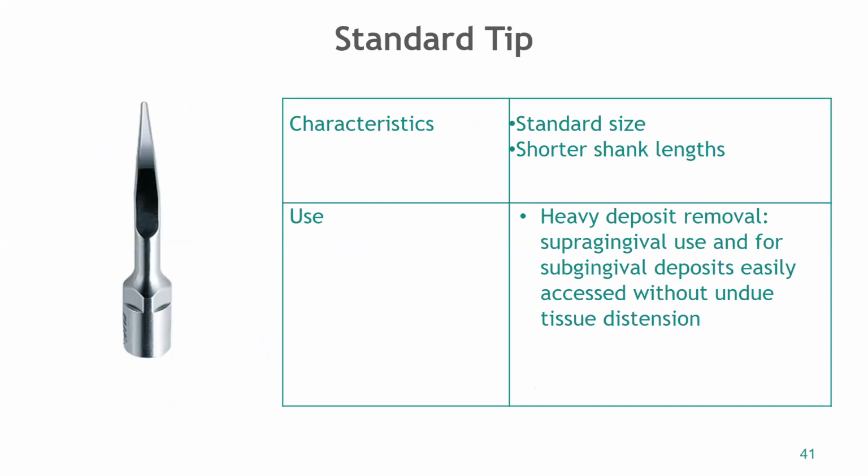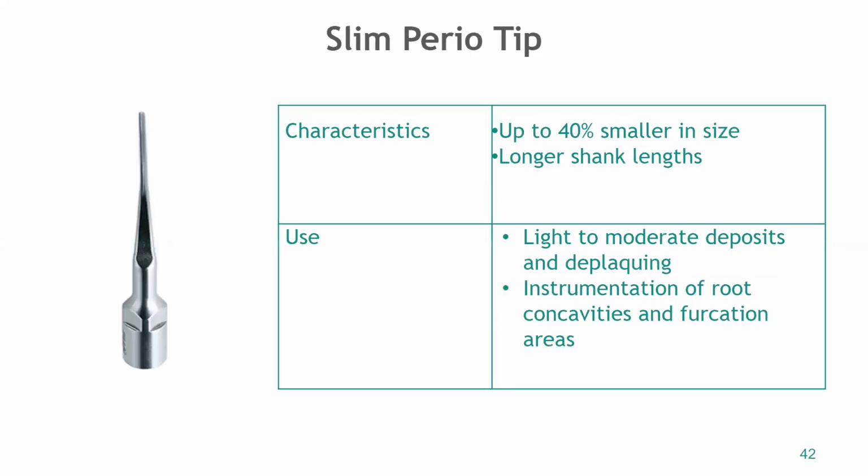Because these are big, they're thick, they're a little bit more aggressive, we want to use them where we can see them. If we're using these subgingivally on really high power settings, even if our patient's numb, it's important that we're not causing trauma to the root surface. So understanding standard tips are going to be used for heavier deposit removal and supragingivally for the most part, okay?